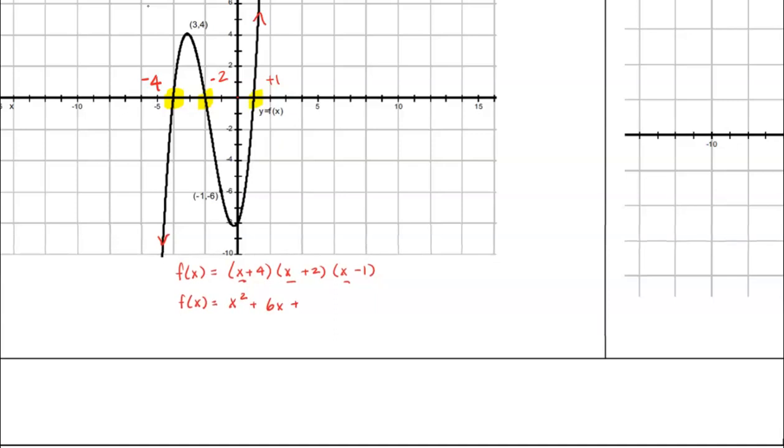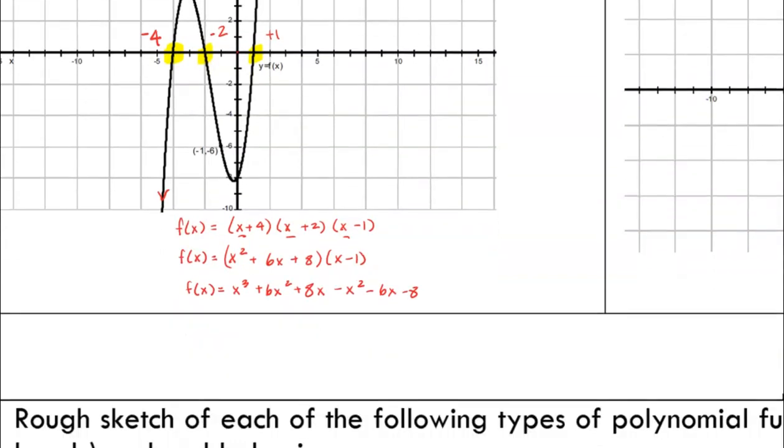Now I can factor this out if I wanted to. Plus, what is that? 8. f of x equals x cubed plus 6x squared plus 8x minus x squared minus 6x minus 8.